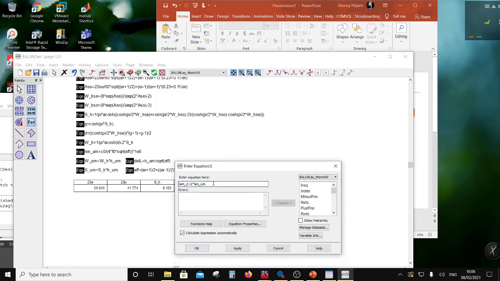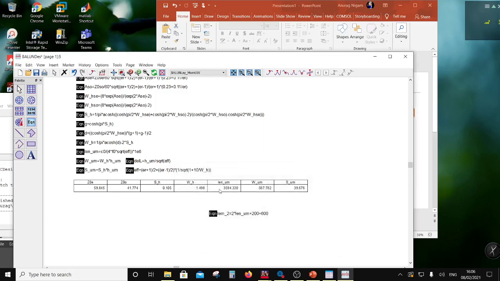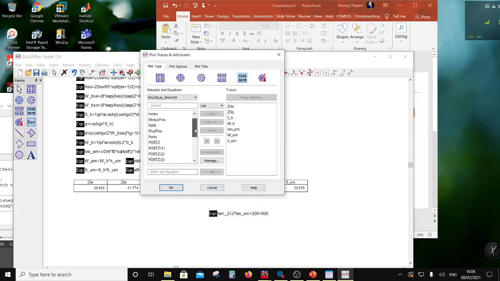Plus I'm going to add a gap of 200 micron, plus 200 or 300 micron on left and right, so basically 600 micron left and right. That is going to be the length of the line.